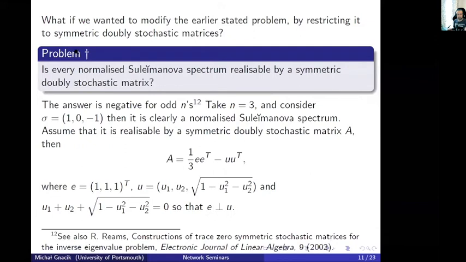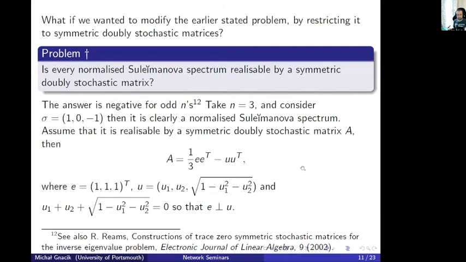Therefore, this problem has a negative answer. And in fact, what I showed here is just a simple proof when n equals 3, and it has of course been shown for any odd numbers, and you can see the reference underneath here.